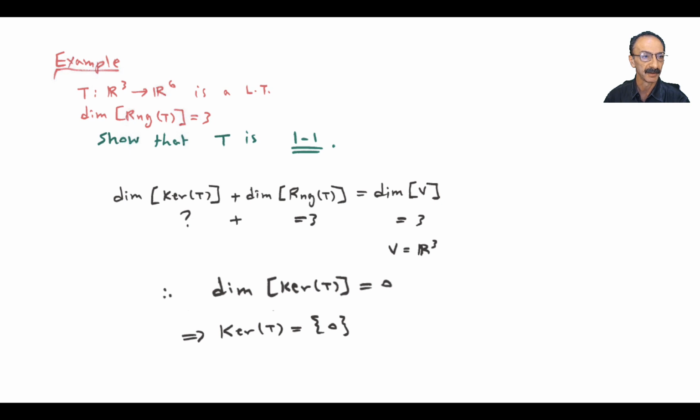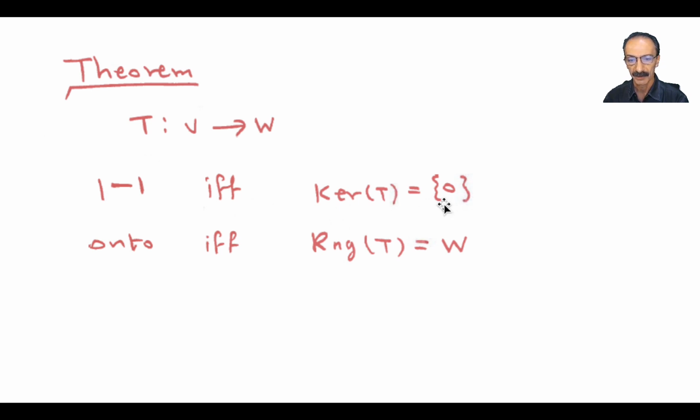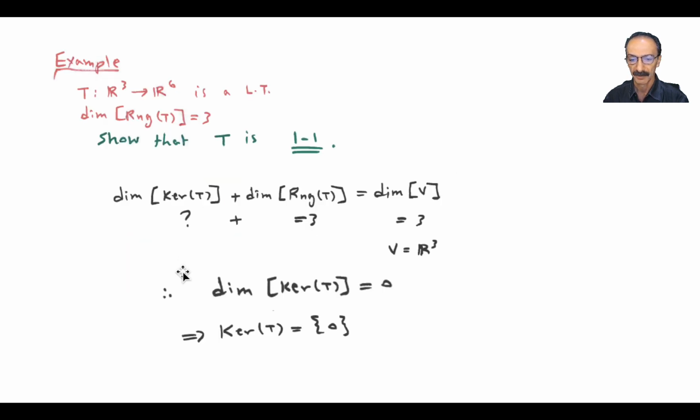If you remember back to this right here, if the kernel of T equals 0, that means, according to this theorem, it's 1 to 1. So because the kernel of T equals 0, we end up with T being 1 to 1, and that's it, as expected.